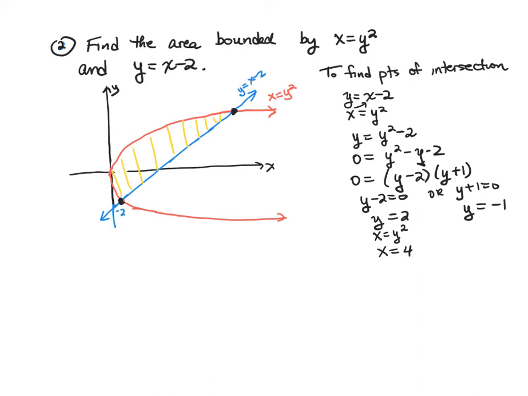So (4, 2) seems to be one of the intersection points, which looks about right. And then when y equals negative 1, if we substitute it back into x equals y squared, we get x equals 1. So this intersection point is (1, negative 1), which is about right.